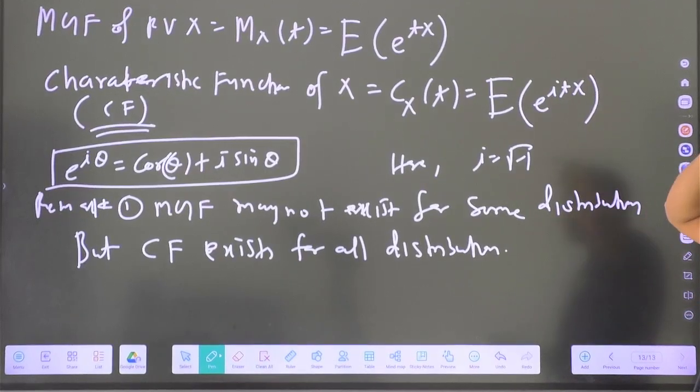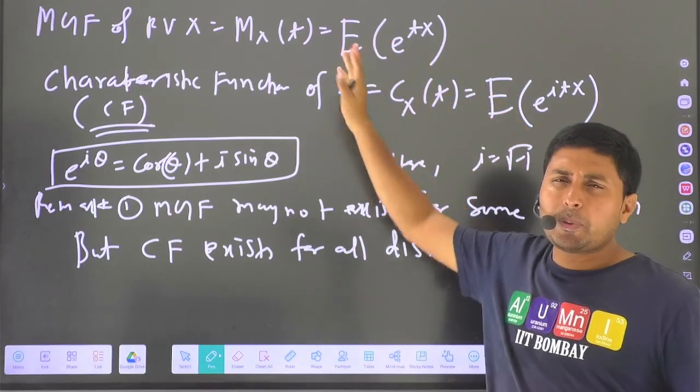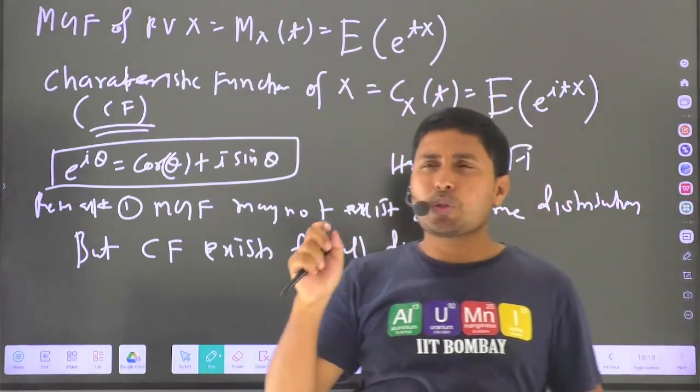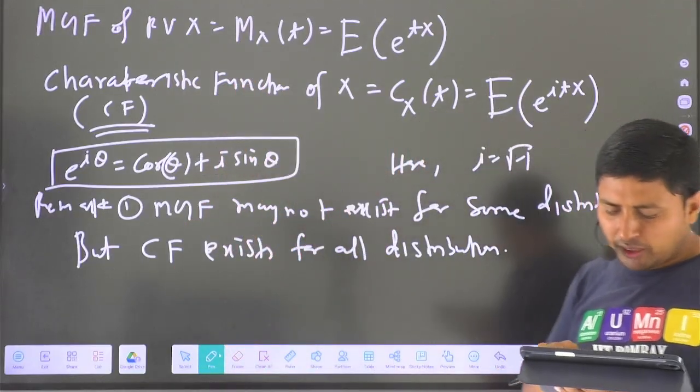This is just the definition of the characteristic function. In both cases, t belongs to an interval containing 0, so 0 must be in the domain of the MGF and the characteristic function.